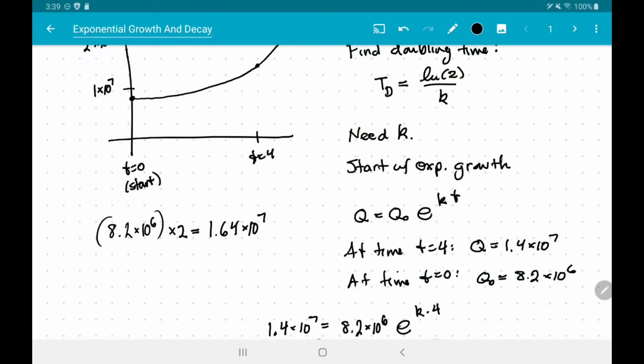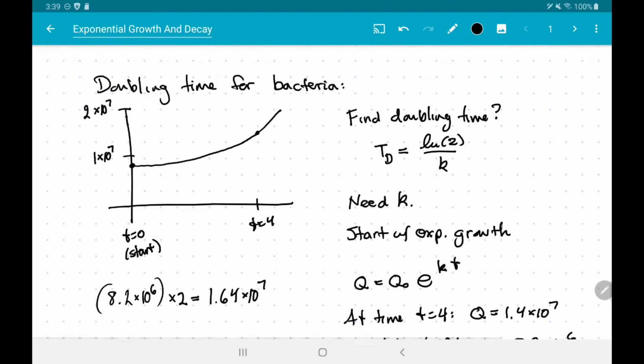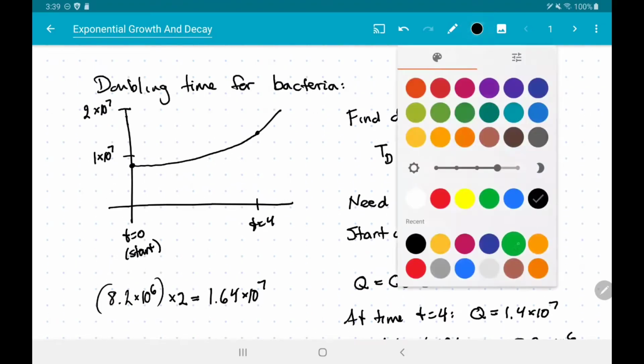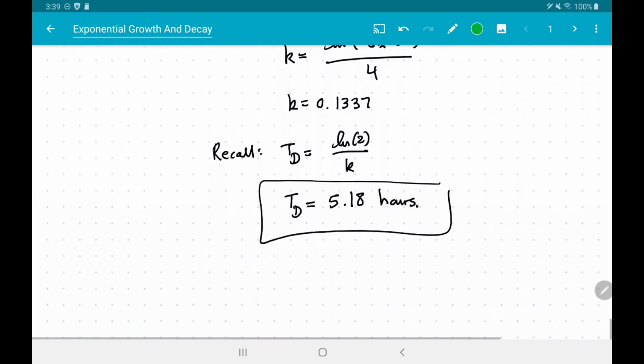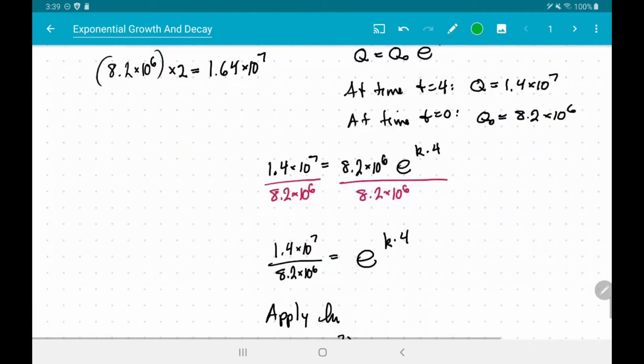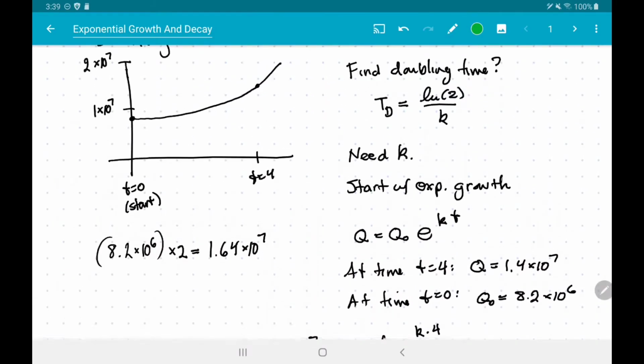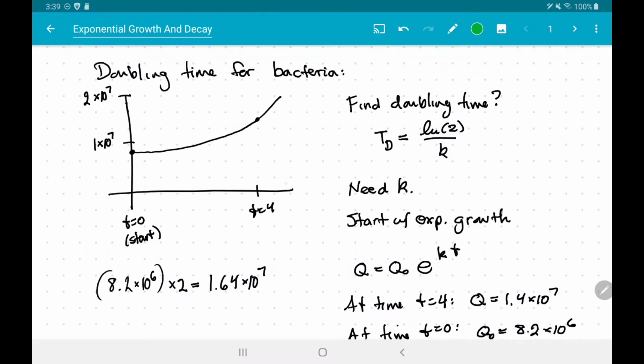So on this picture, what this is saying is that 5.5 hours, was it 5.5 hours? It was 5.18 hours. Okay, so not quite 5.5, 5 and a bit. So let me see here, how much is an hour on this? I guess 5.5 hours would be about here. That's about where the doubling time calculation says the population should be after one doubling.